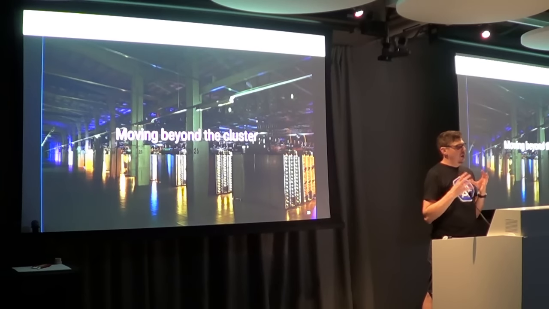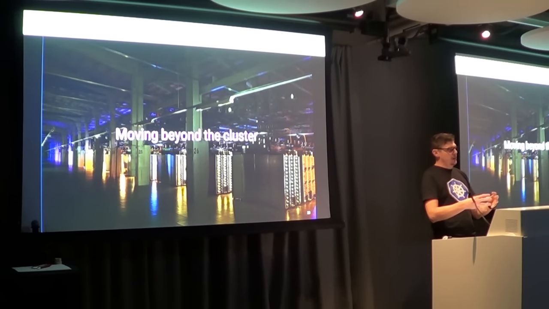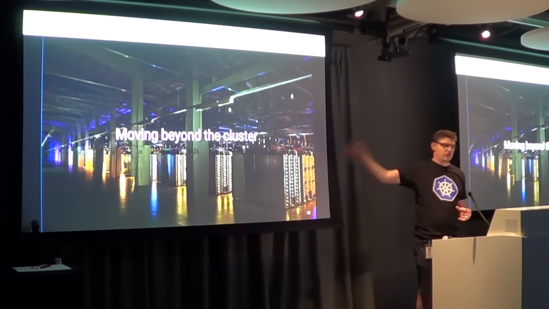So, a single cluster of machines in a place. At Google we define a cluster as machines that are connected on a high-speed network, which means they're probably in the same place as each other. But you want to run not only in this location, but maybe in another country, or maybe on a different provider.